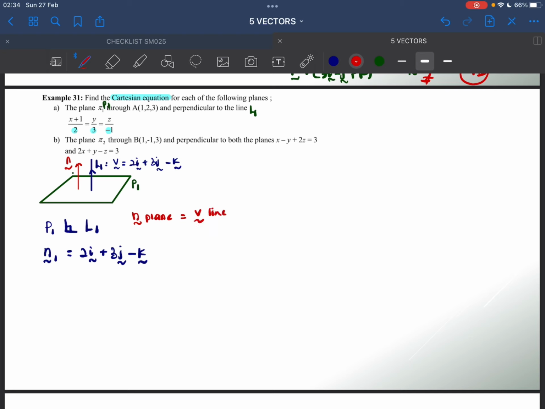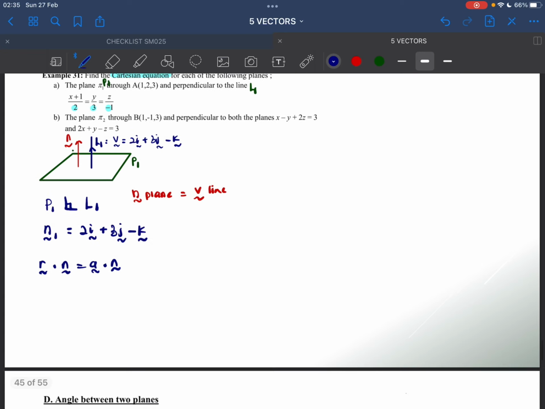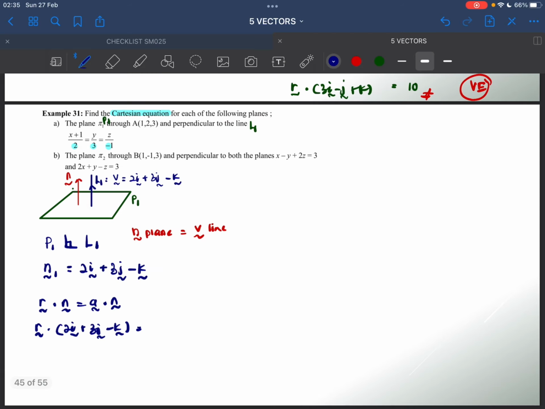Okay, so now we just substitute into our vector equation. So we have r dot n equals a dot n. So r dot n, and here n is 2i plus 3j minus k, and a is any point on the plane, which is from here the plane through A (1, 2, 3). So that is your a. So we have i plus 2j plus 3k dotted with the normal 2i plus 3j minus k.